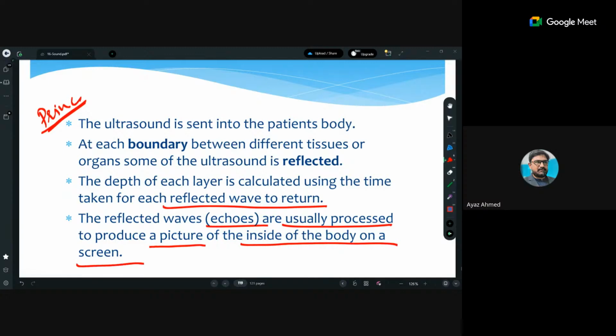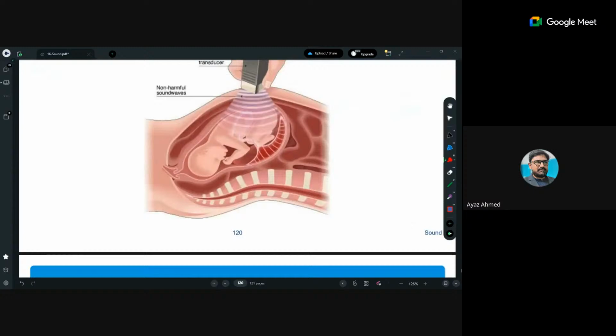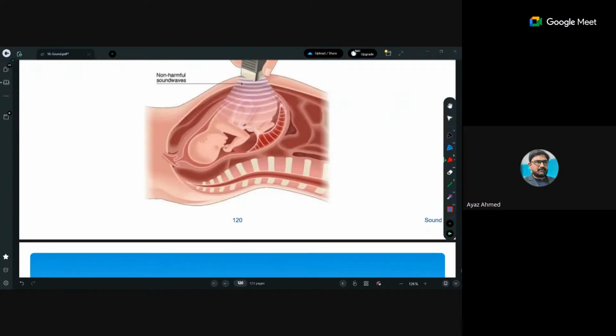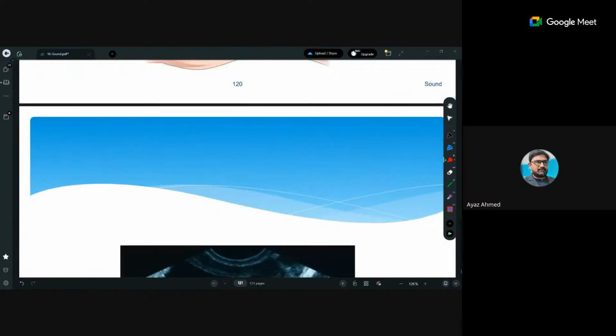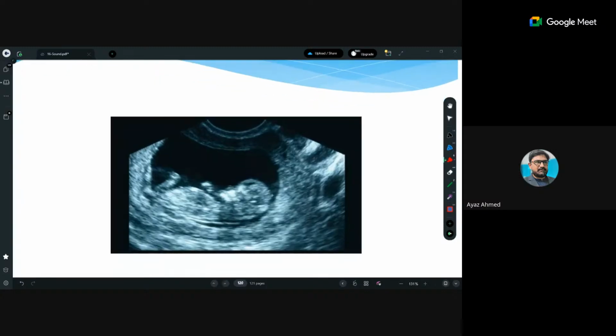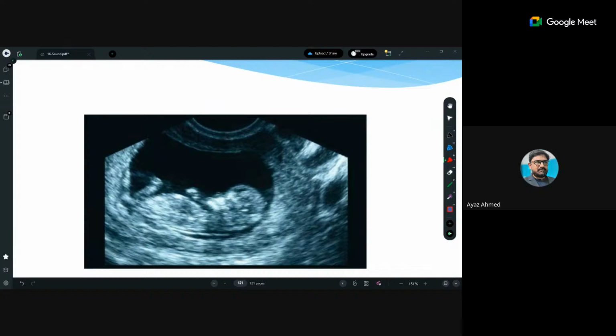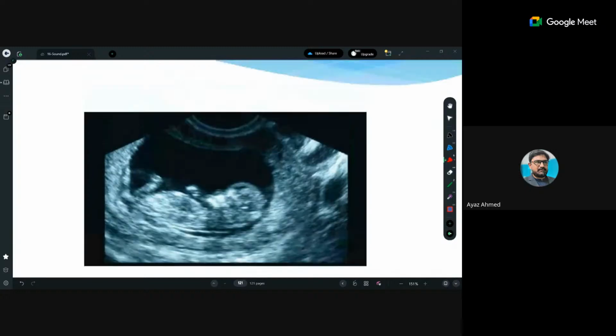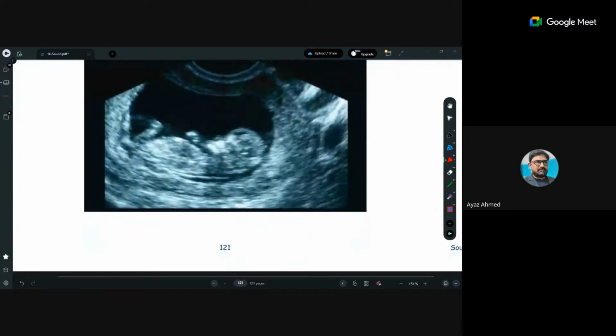This is the ultrasound of the fetus. The sound reflects back, and this is called a sonograph, which can be obtained by ultrasound.